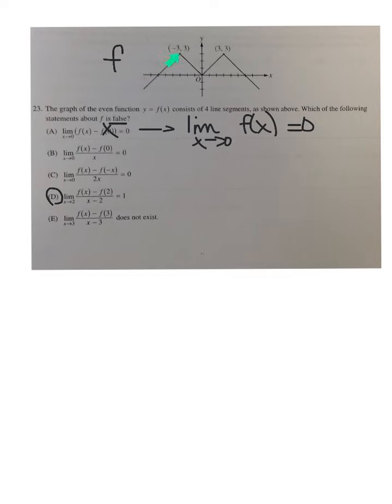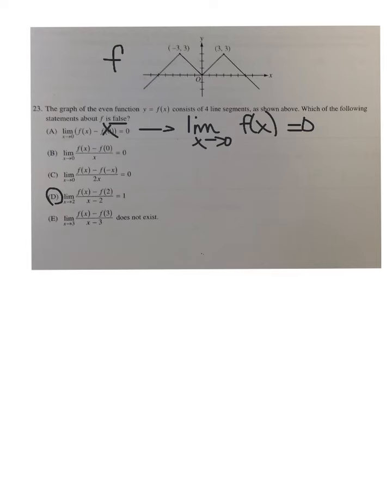Isn't it the same thing? Isn't f of 3 equal to 3 and f of negative 3 also 3? These have the same y values. So in other words, if I put a 3 here and a 3 here and I subtract them, wouldn't I get 0? Which is true. So that's not it. Okay?